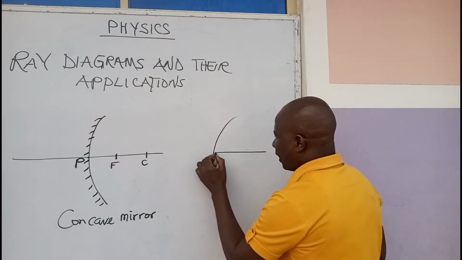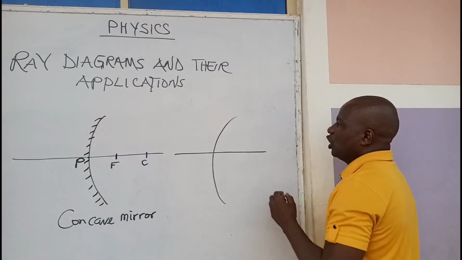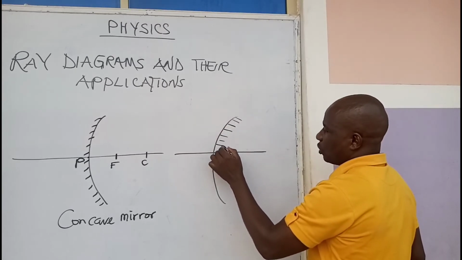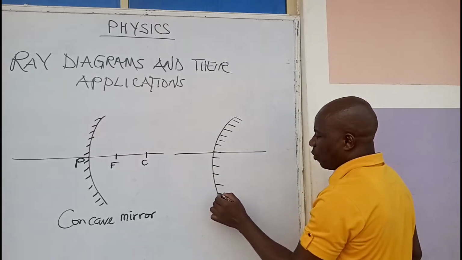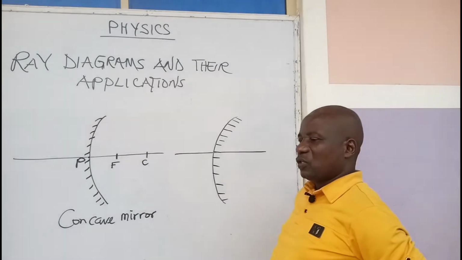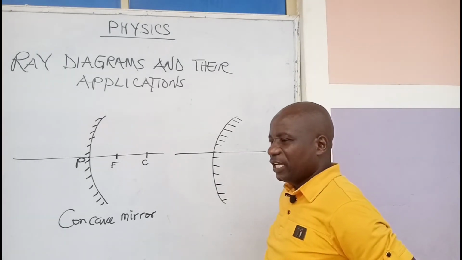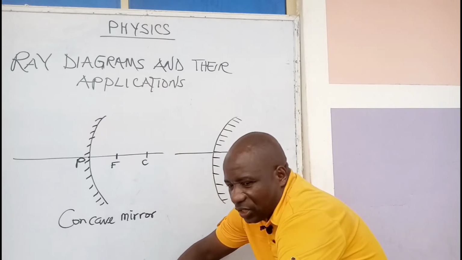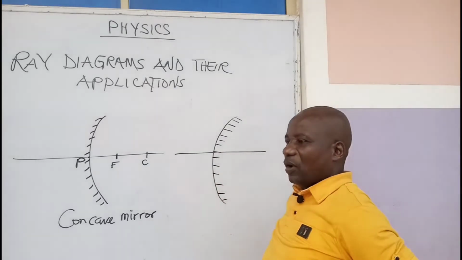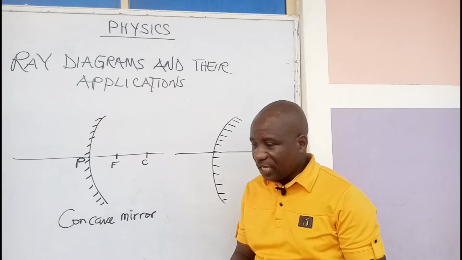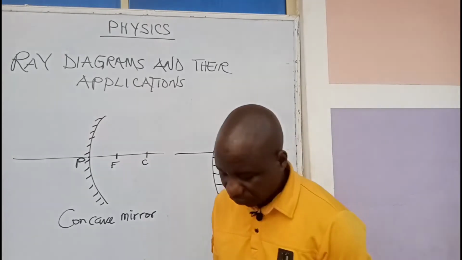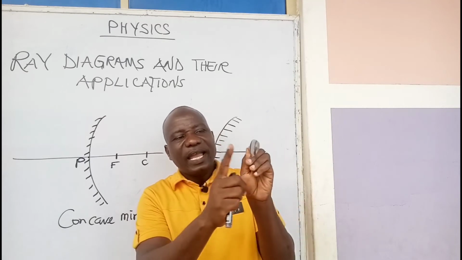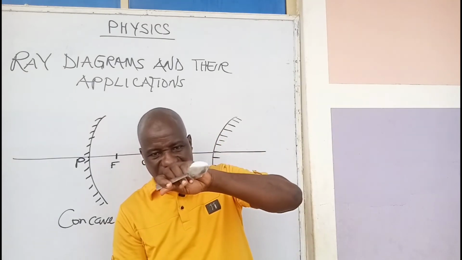Now, I have another one like this. If I now paint the inward, that is, you have it protruding outside like this, this is convex. This is concave. Just as we can see in our spoon, this inside is concave, while the outside here is convex.